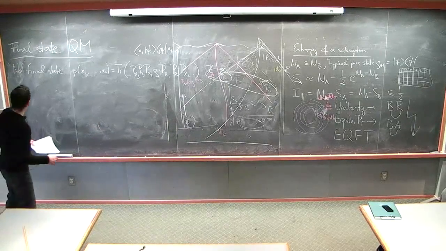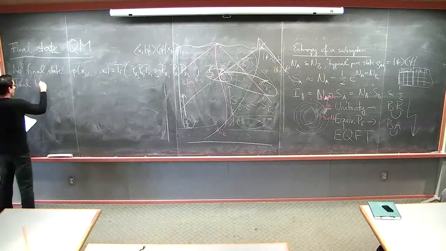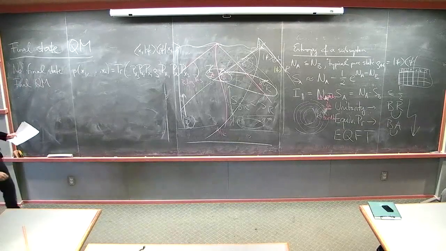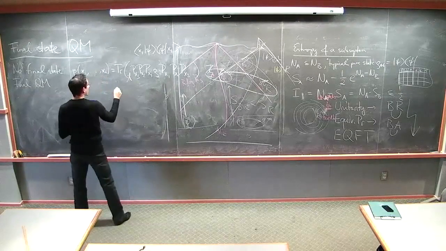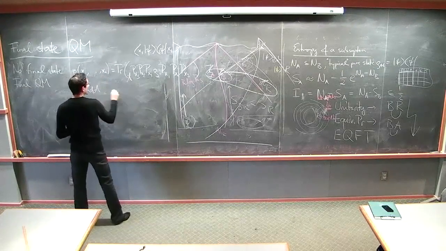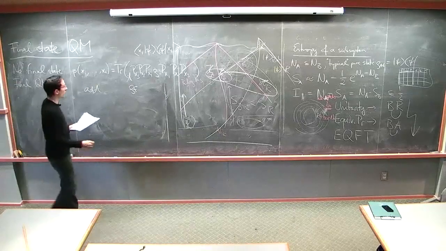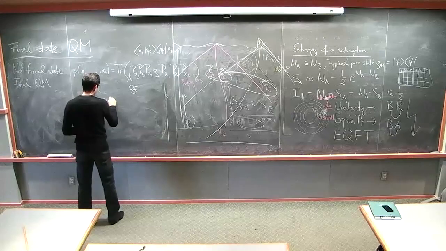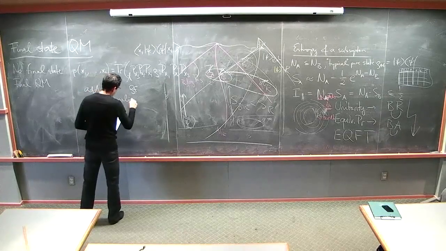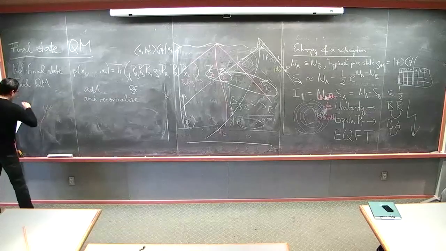So this is the probability for getting this particular sequence of outcomes. And the only thing that you have to do to get this crazy variation of the theory called final state quantum mechanics is you add some final state here. Again, it could be pure or mixed. And renormalize all probabilities. So you have your initial state, and you make a bunch of measurements.